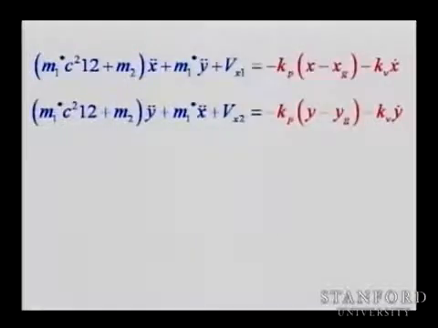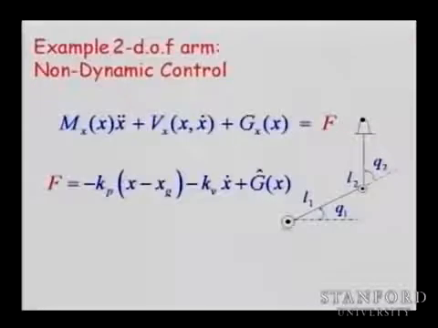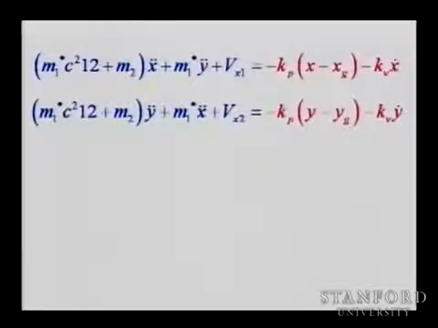Let's look at the behavior. So I'm just splitting this first equation in 2 equations, x and y. So this is the behavior in x, and the second equation is the behavior of y. And I'm just copying this from the real mass properties of the mass matrix in operational space for the 2 degrees of freedom.